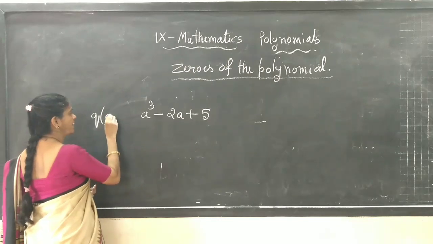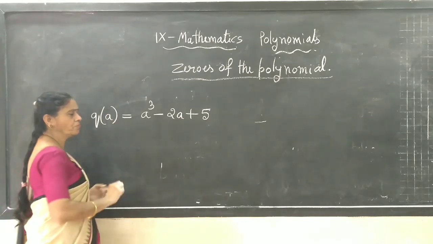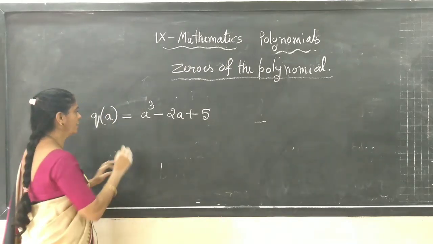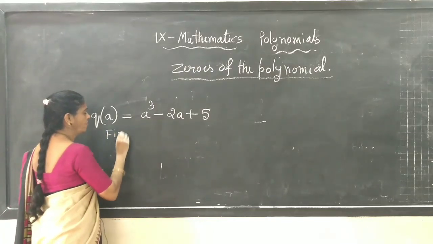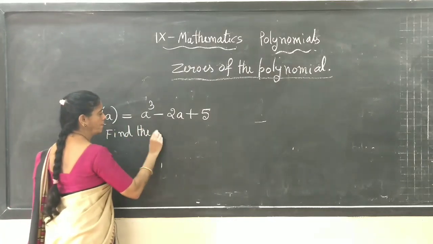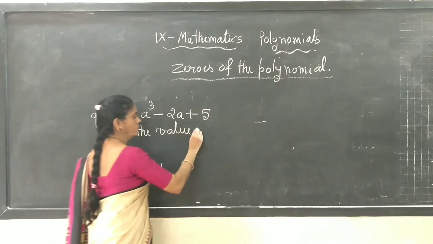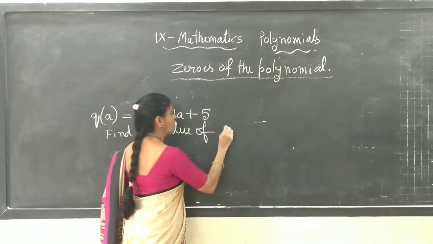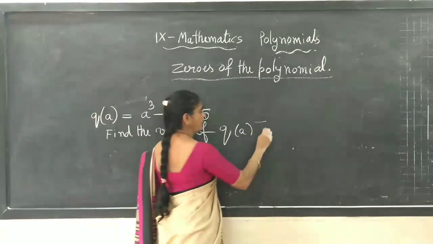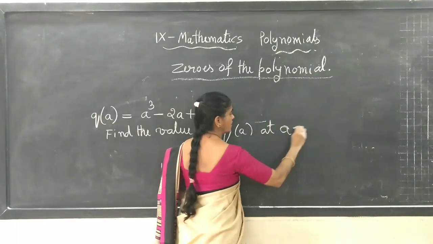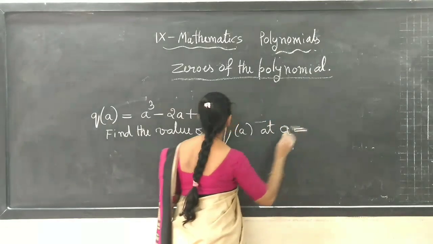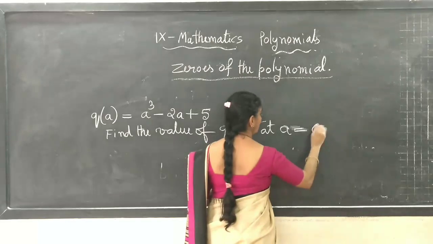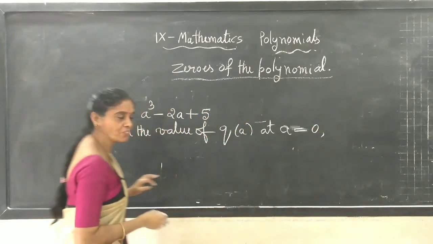What is the variable you have to write? a here. Find the value of polynomial q(a) at a equal to 0.